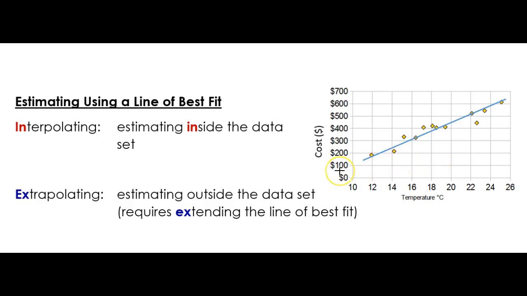So before we do that, let's interpret what this means. So if I'm looking at this particular data set, I'm looking at cost versus temperature, right? So maybe you can think of an example of where this might be used. Maybe the cost of a condo in Florida per week depends on the outside temperature.